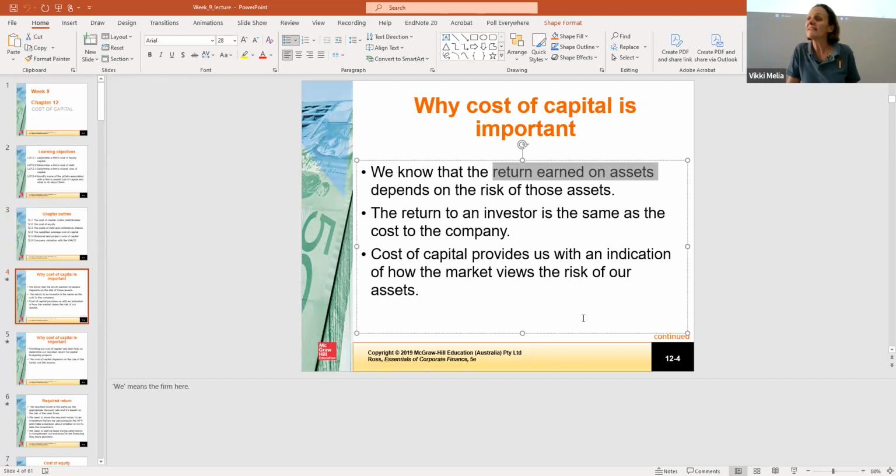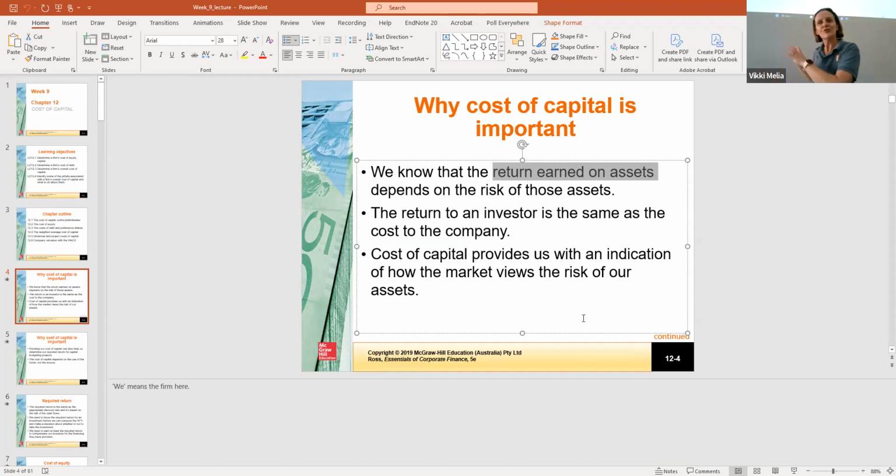We call it an expected return or a return from the investor's point of view. If you buy shares in a company, you expect to earn a return from investing in the company. Is it a return to the company? It's not. It's a return for the investor.